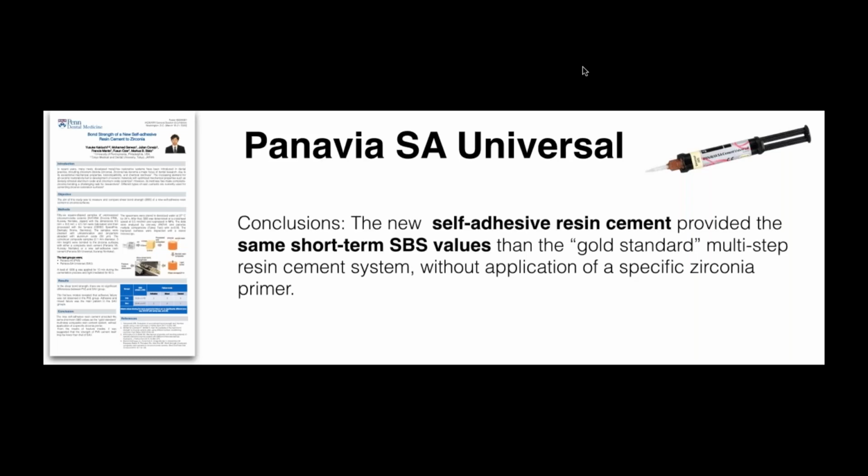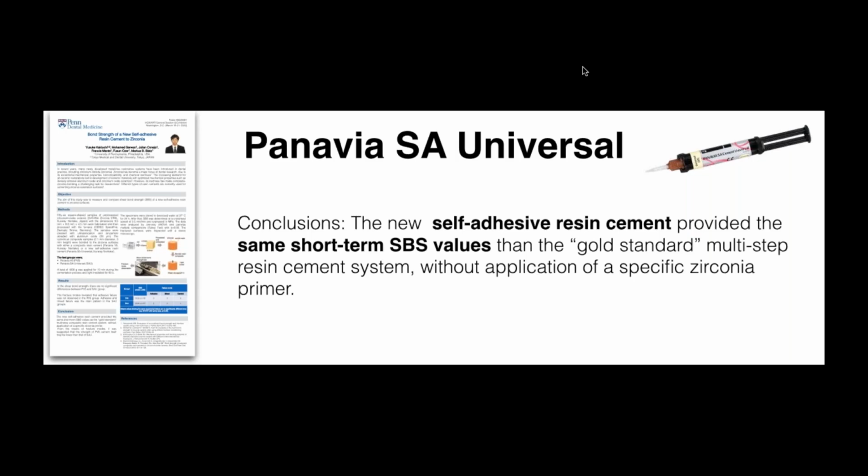Okay, and just to finish this subtopic on bonding to zirconia, nowadays what we have are universal resin cements, and most of them have MDP inside the cement, so we don't need to apply an additional MDP or primer. Our research is showing in the early stages that this could work as well.